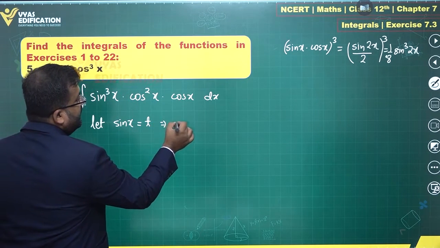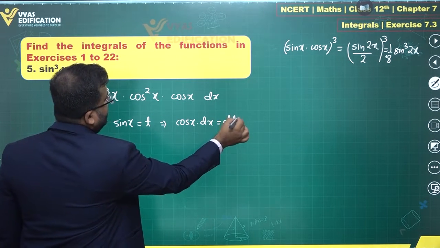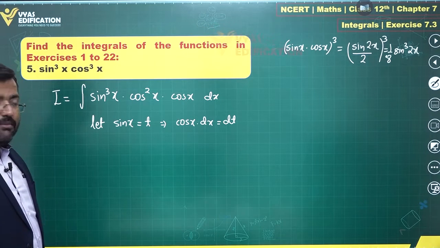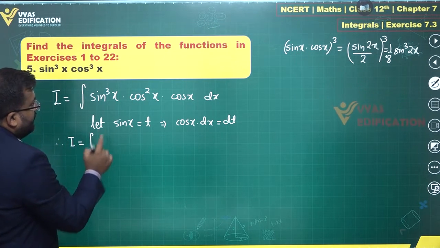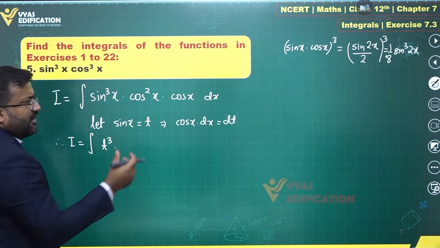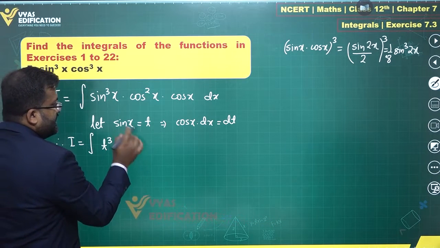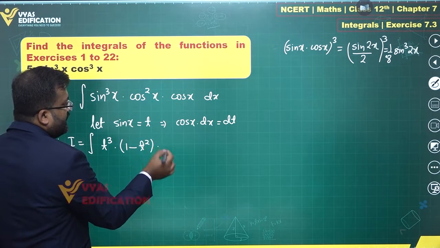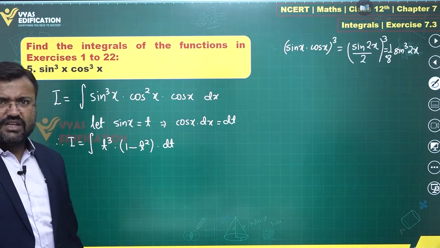That tells me that cos x dx will be equal to dt. Now with the help of this substitution, I can write I equals integral of this sin cube x, which is actually t power 3. Cos square x is nothing but 1 minus sin square x, right? So 1 minus t square, and cos x dx will be dt. This is what I get. Is that okay? Yes.